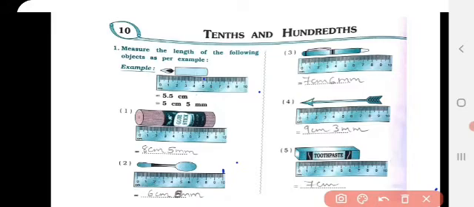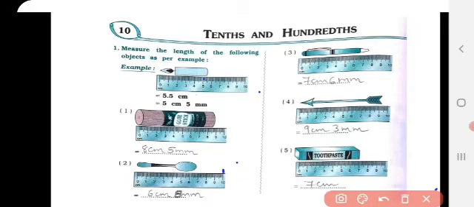But what if the length of an object comes in decimal? Before the point, the number you see on the ruler will be centimeter, and after the point the number you see will be mm, that is millimeter. The short form of centimeter is cm and the short form of millimeter is mm. Cm is a unit bigger than millimeter. Clear? So now I begin with the objects' measurement.